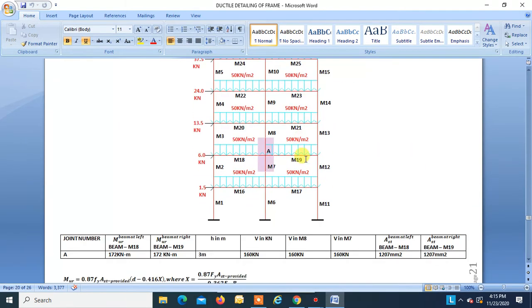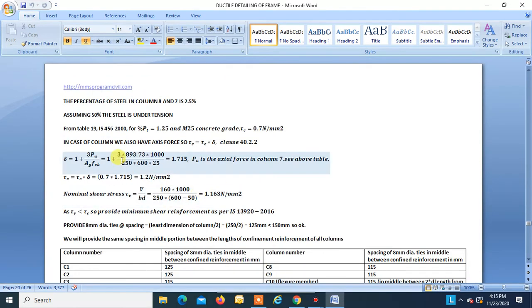From this we get delta equal to 1.715, and this into tau c is equal to 1.2 Newton per mm square. So this is our permissible shear stress.